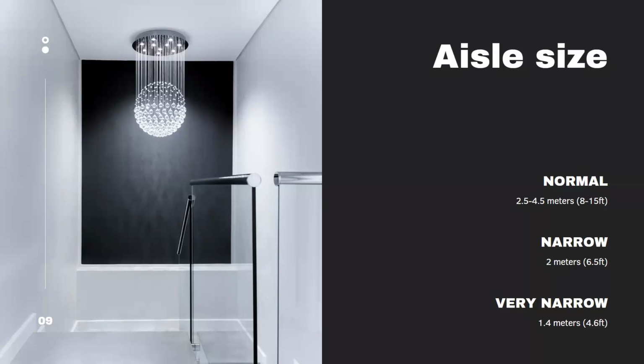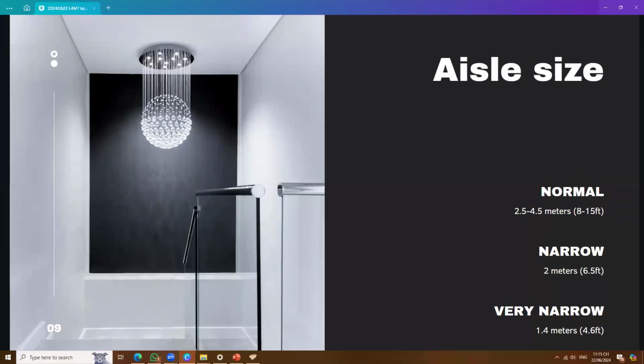Okay, with this size, at best we could use some kind of reach truck. Okay, something that looks like this.